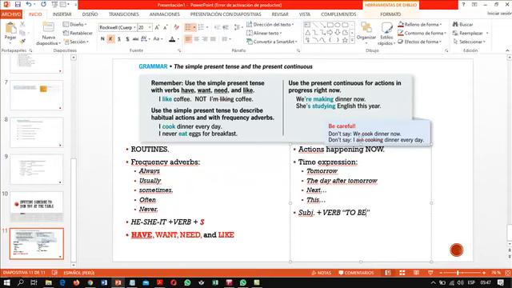Verb to be, right? Is or are. We need to use our main verb in ing, right? I am talking, you are listening, she is eating, we are working, and our complement, right? We are studying English, for example, or she is eating a hamburger.